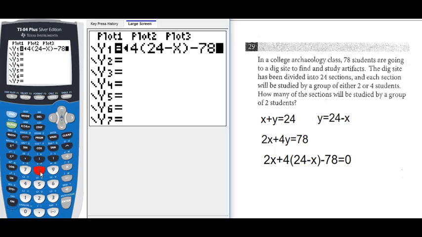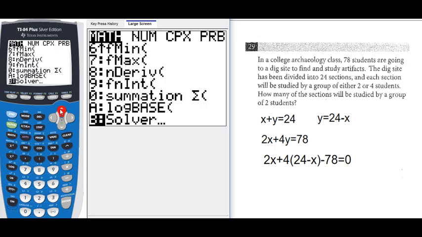If you want to use equation solver, make sure your equation equals 0 first. Then I go to math, use upper arrow to solver, and press enter.